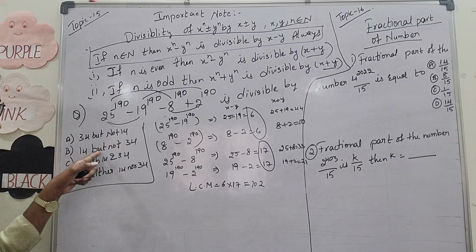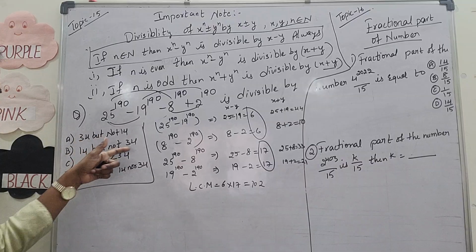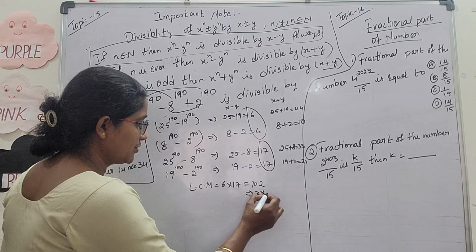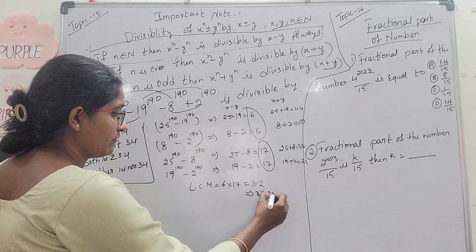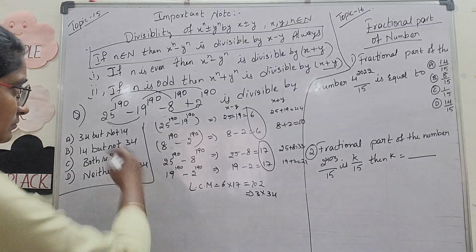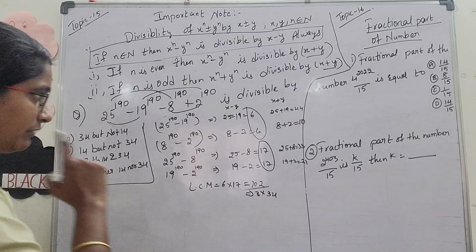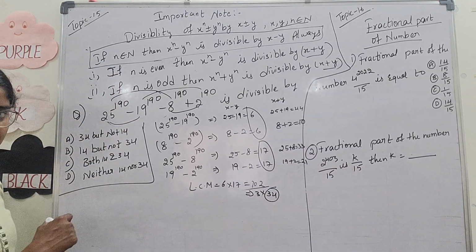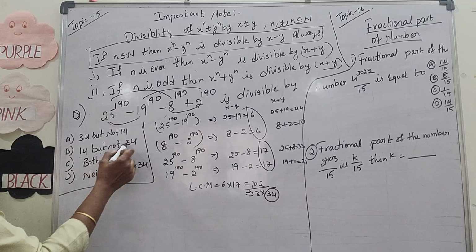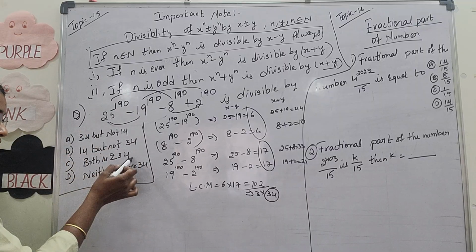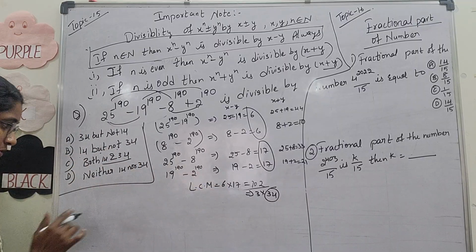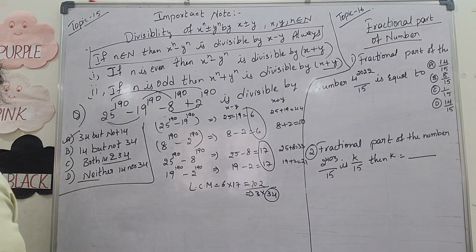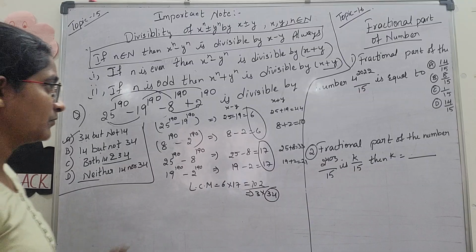So 34 is an option, and I can write this as 3 into 17 twos of 34. So if this number is divisible, then this is also divisible. So I have to match with the options: 34 is divisible but not 14. So the answer is option A.